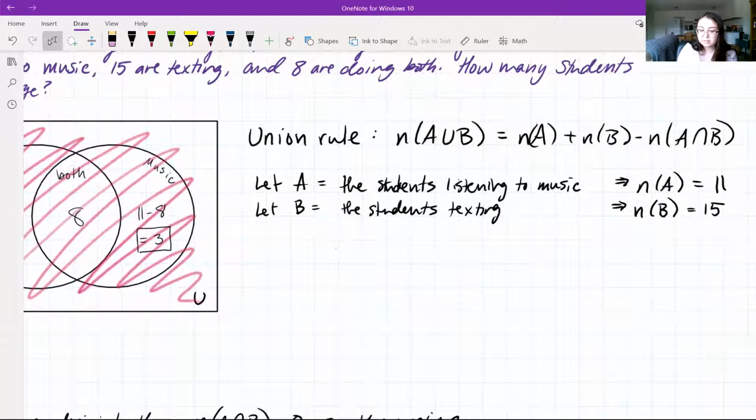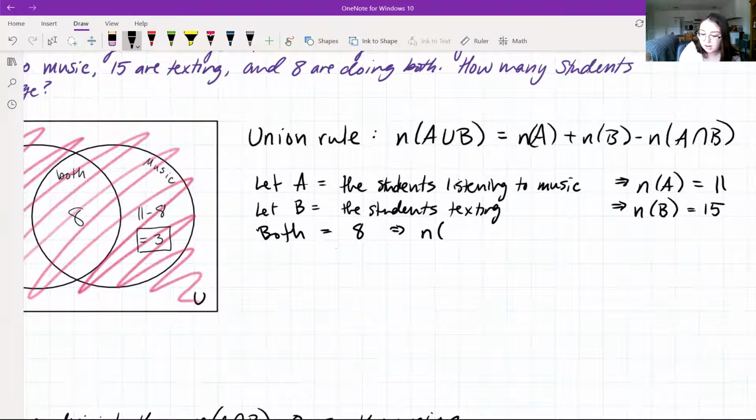So we get that both is equal to 8, which means that N of A intersect B is equal to 8. So we found all of the students, or the number of elements in each one of our sets. So now we can use our rule.